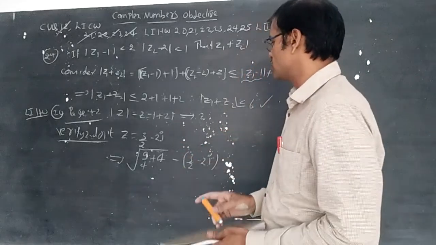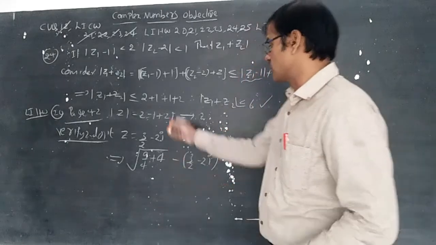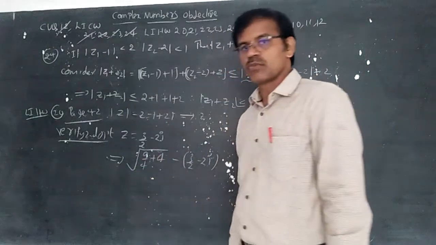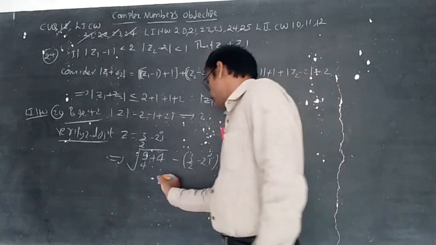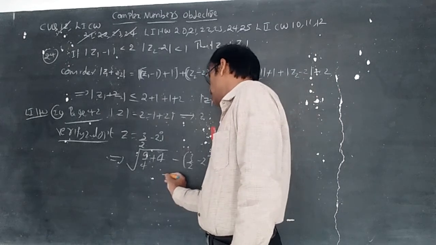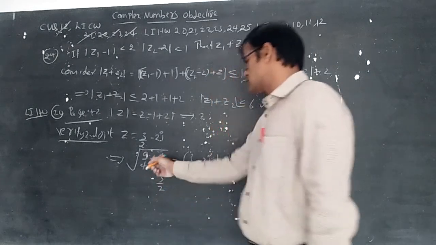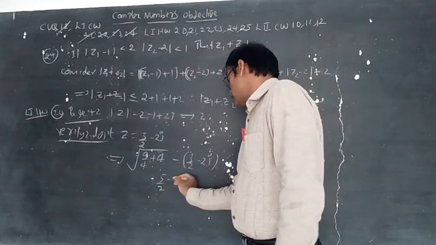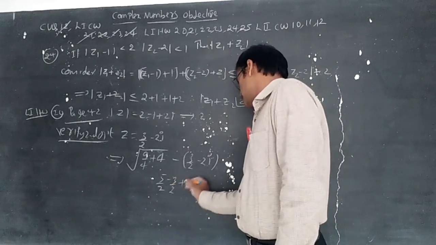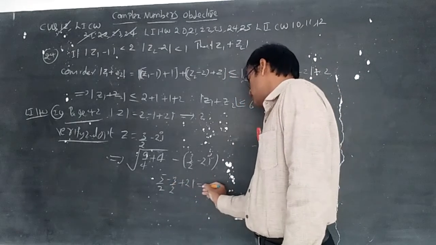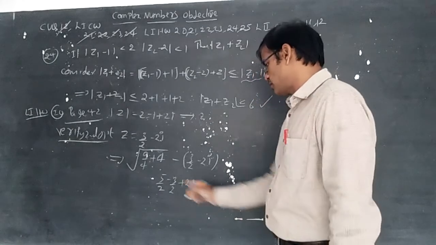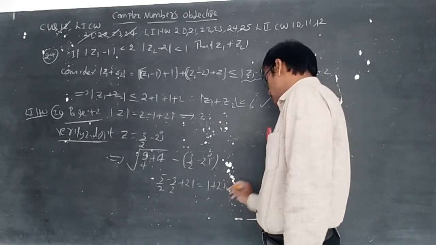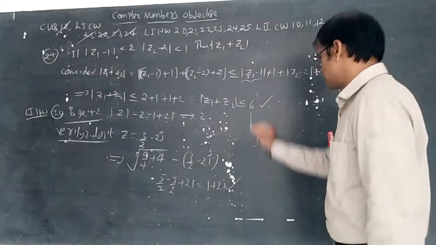Let us verify whether we get 1 plus 2i or not. 4 fours are 16, 16 plus 9 is 25 by 4, so 5 by 2. 5 by 2 minus 3 by 2, and minus of minus 2i gives plus 2i. 5 minus 3 is 2, by 2 is 1, plus 2i. Correct, exactly, verified. First option.